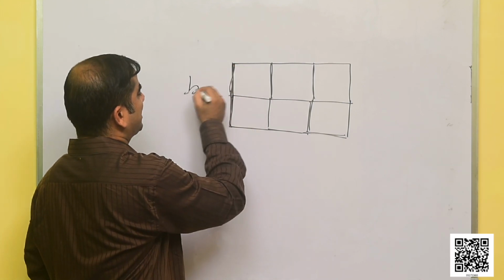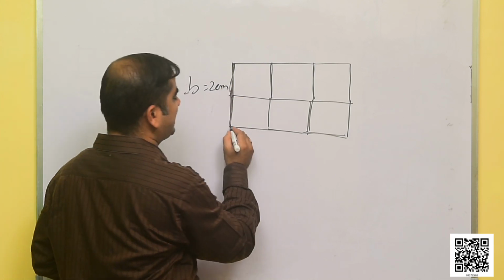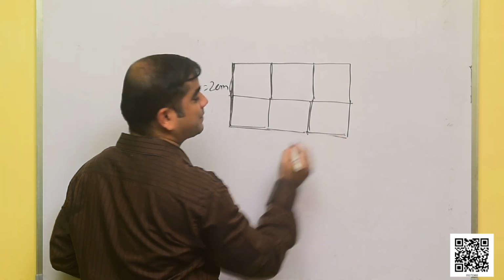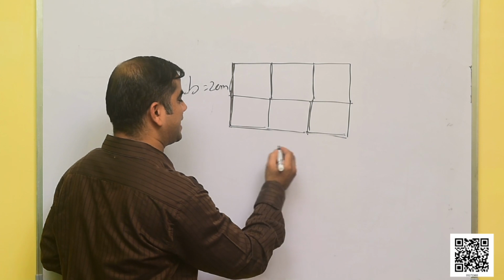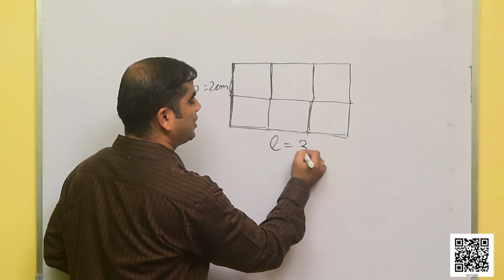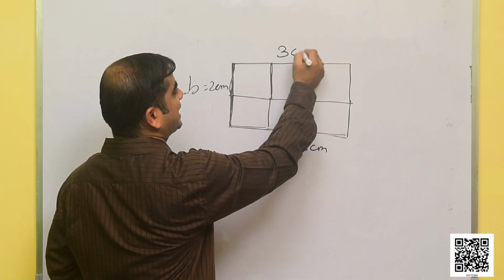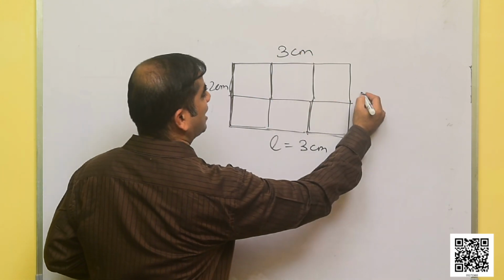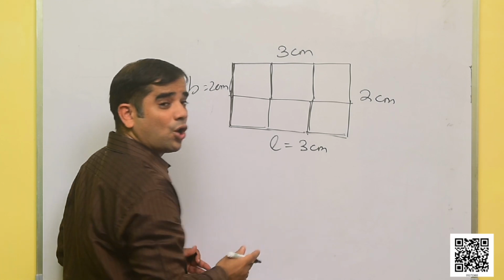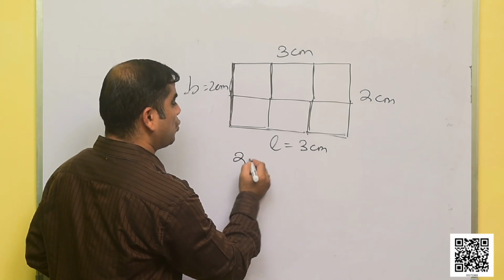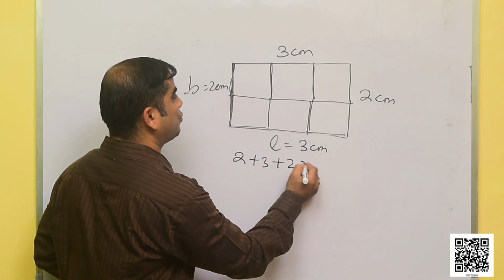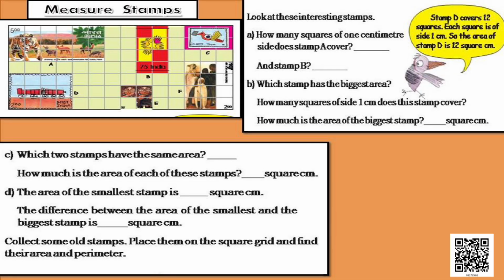So this is 2 centimeter. The length is the base of 3 squares having side 1 centimeter. So length is equal to 3 centimeter. Opposite sides are equal. So this is also 3 centimeter. Opposite sides are equal. So this is 2 centimeter. So what is the perimeter? 2 plus 3 plus 2 plus 3, that is 10 centimeter.